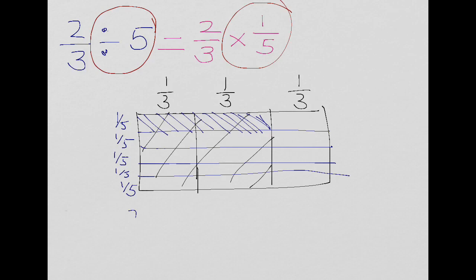So I can say that 2/3 multiplied by 1/5 is equal to, now what's my denominator? Well, my denominator is all of the squares. So there's 15 of those. Count them up if you're not too sure. How many are there in total? And remember, it's 3 multiplied by 5 gives you that 15.